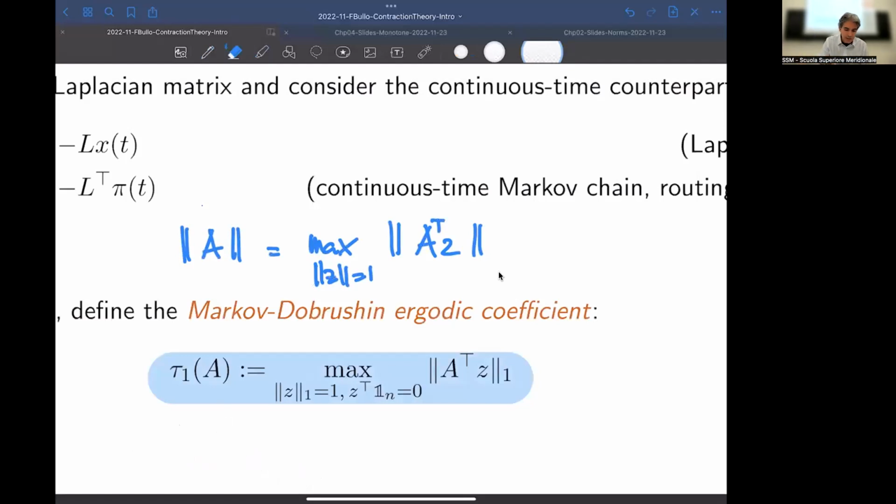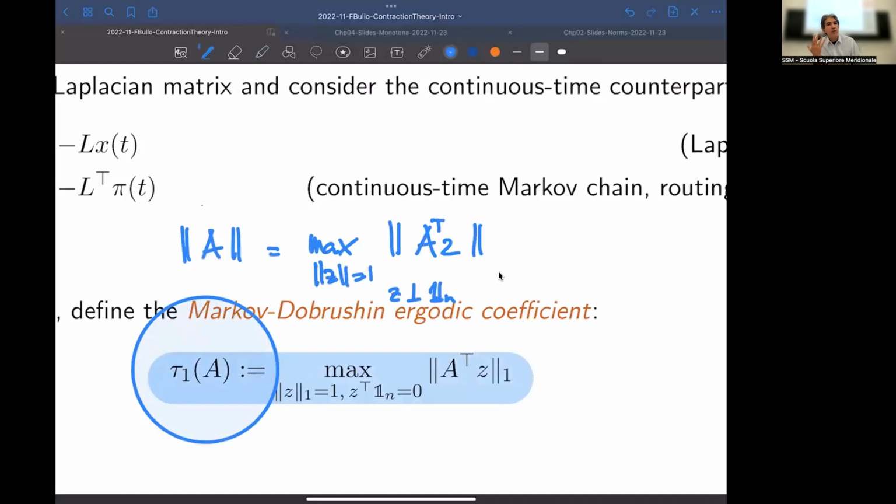And the other thing is that it's not an induced norm because you allow only z that are perpendicular to 1_n. It's called an ergodic coefficient, and it's studied in the literature on stochastic processes as an ergodic coefficient.